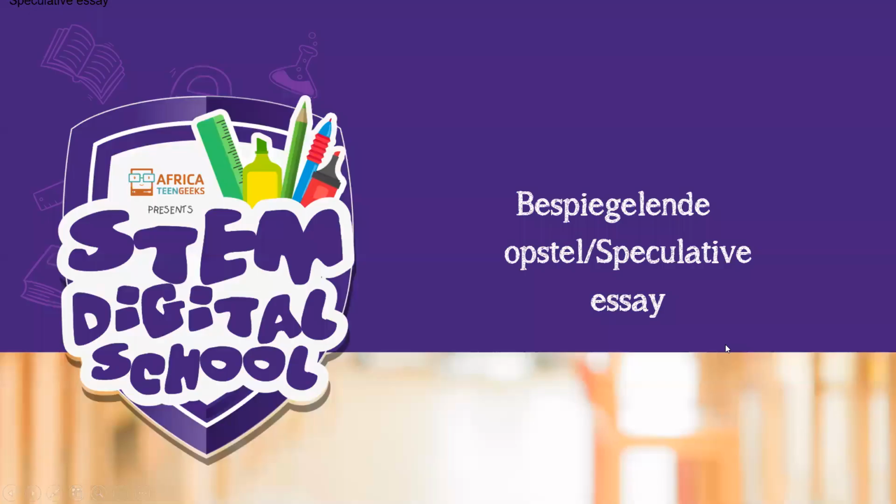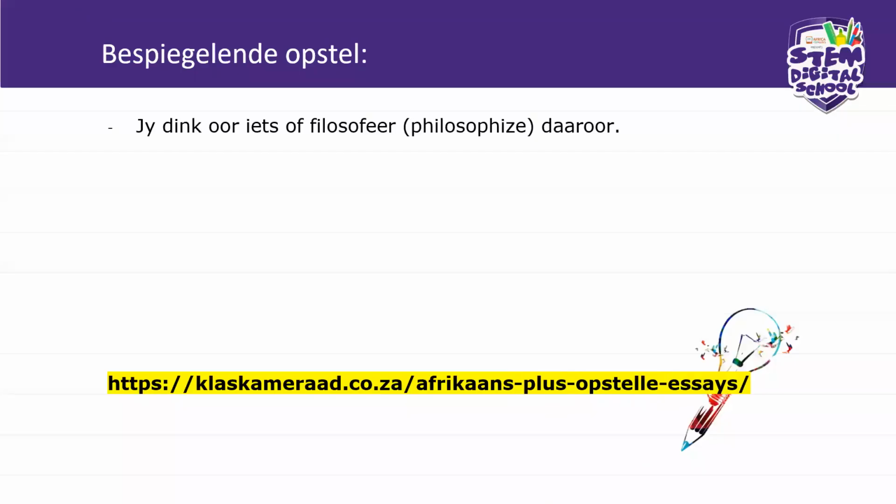This is the last one that we're going to do for today, because I don't think we're going to have enough time to finish the entire PowerPoint. So the next essay is what we call a bespiegelende opstel. In other words, a speculative essay. This is a very nice essay to write because you're going to philosophize, or filosofeer in Afrikaans, about something.